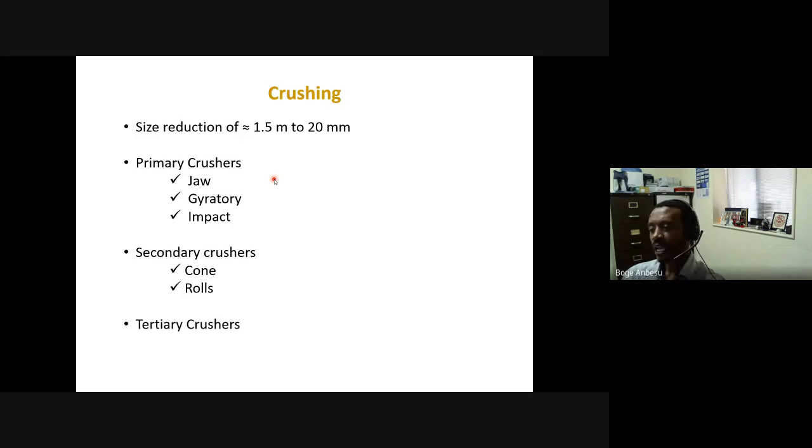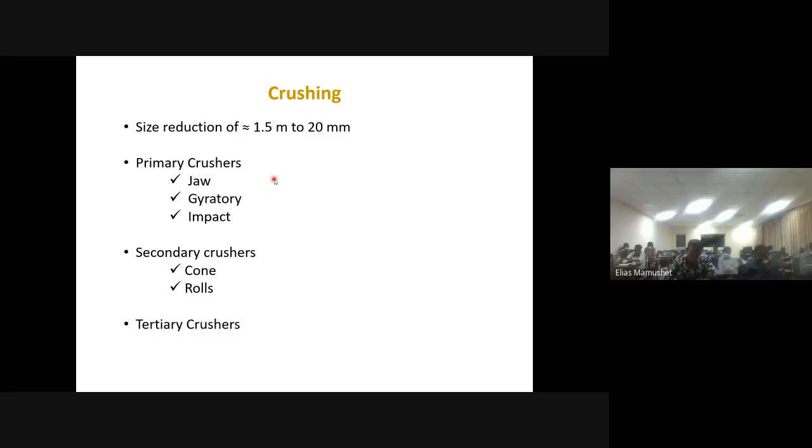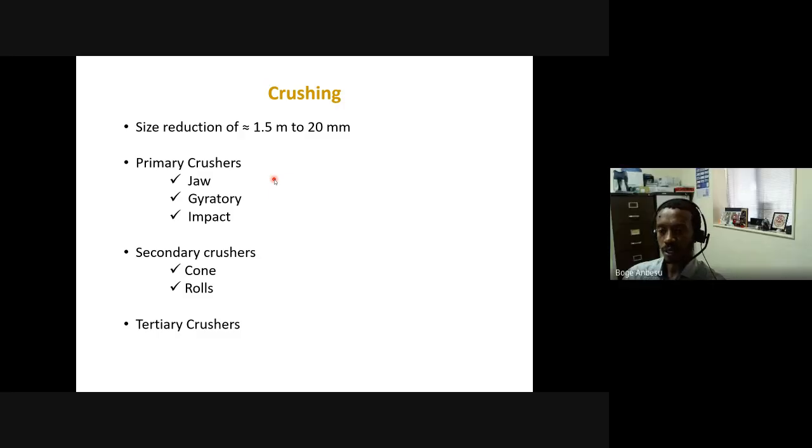Again, with tertiary crushers, you could use cone crusher as a tertiary crusher, or roll crusher as a tertiary crusher. But again, they will be smaller in construction compared to a secondary crusher, because I have reduced the particles to smaller sizes. Then I can use smaller roll crusher or cone crusher as a tertiary crusher.